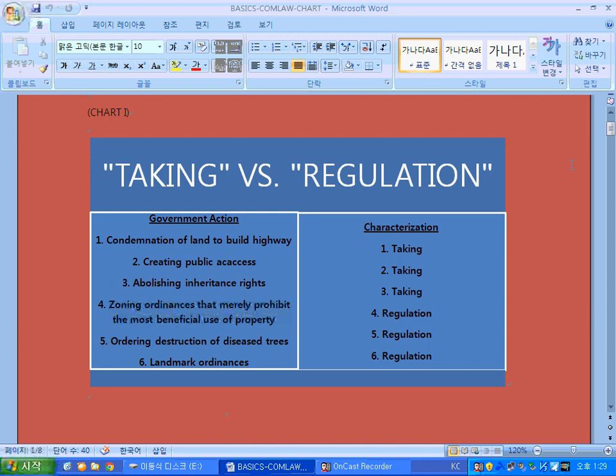The first view is more expansive in applying the procedural due process concept, while the latter, what I call the fundamental principles of liberty, would be restrictive about the scope of application.